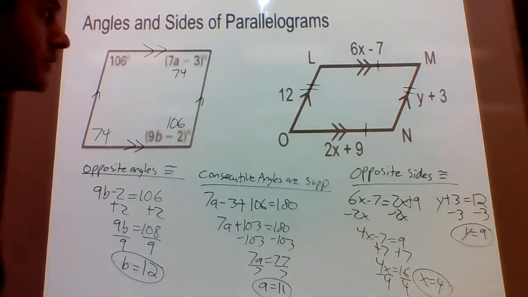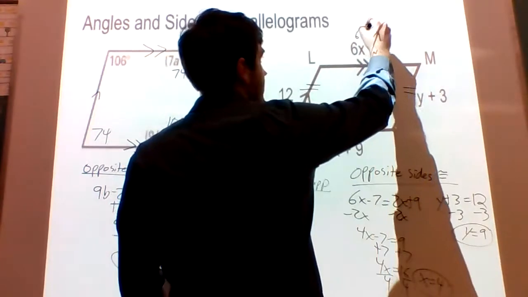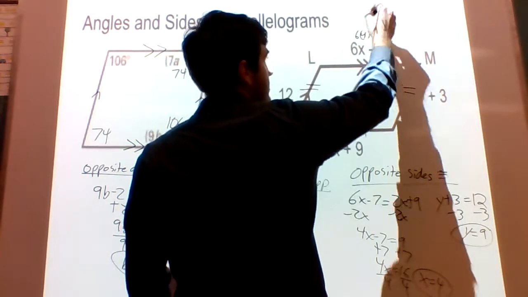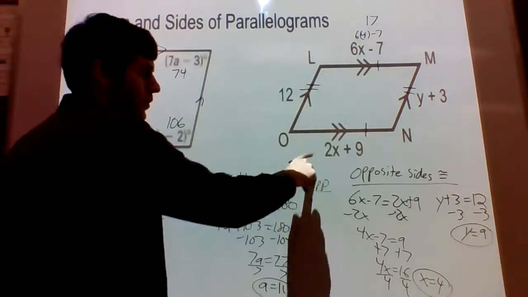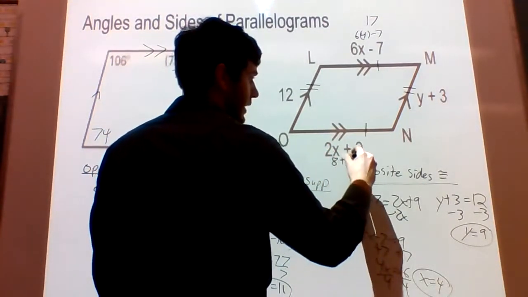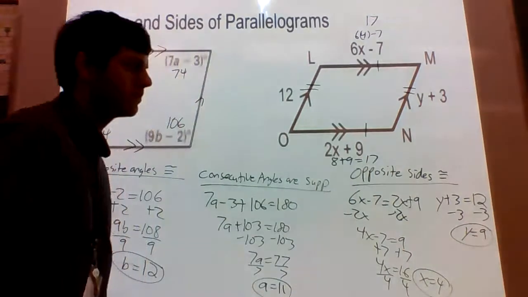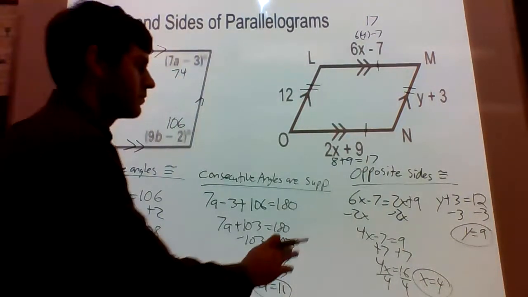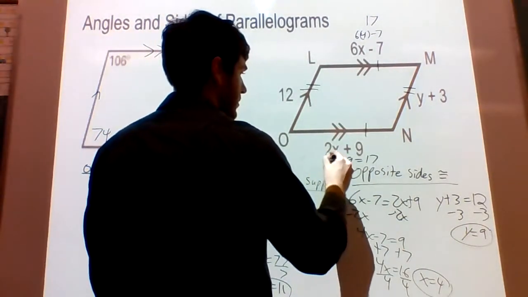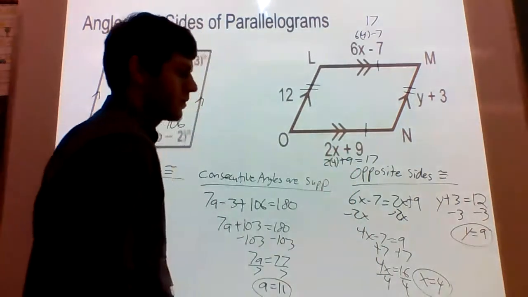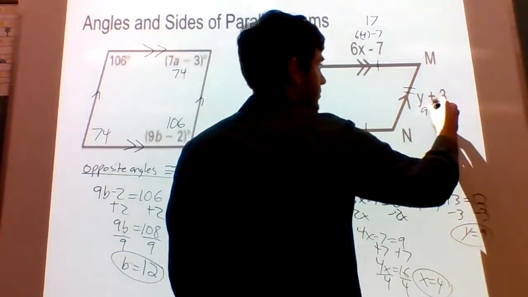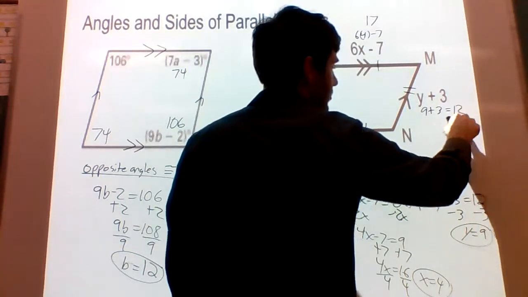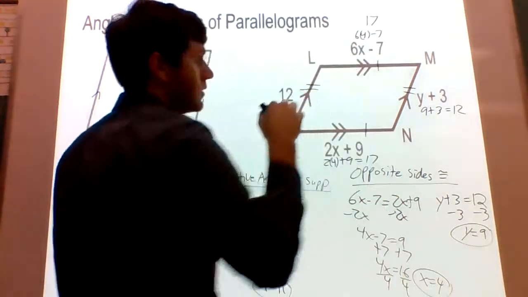6 times 4 minus 7 is going to be 17. 2 times 4 is 8, plus 9 equals 17. Y is 9. 9 plus 3 equals 12. 12 and 12, 17 and 17.